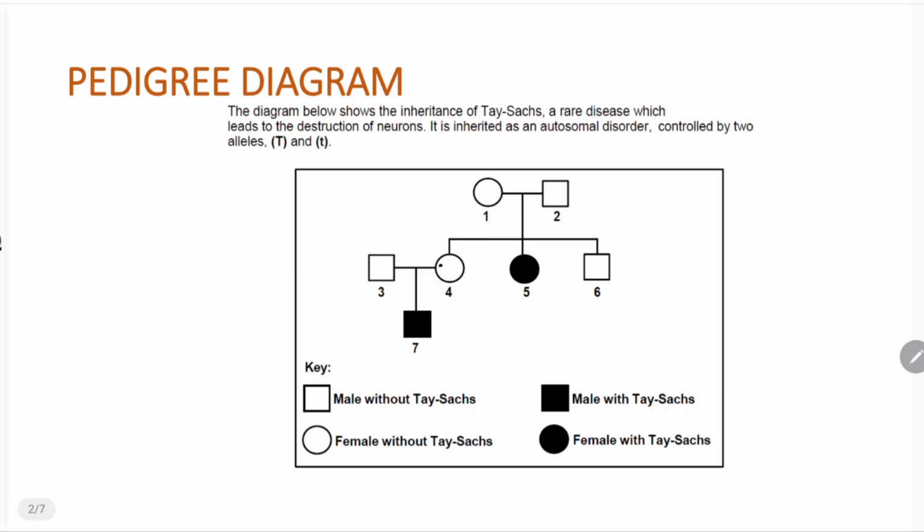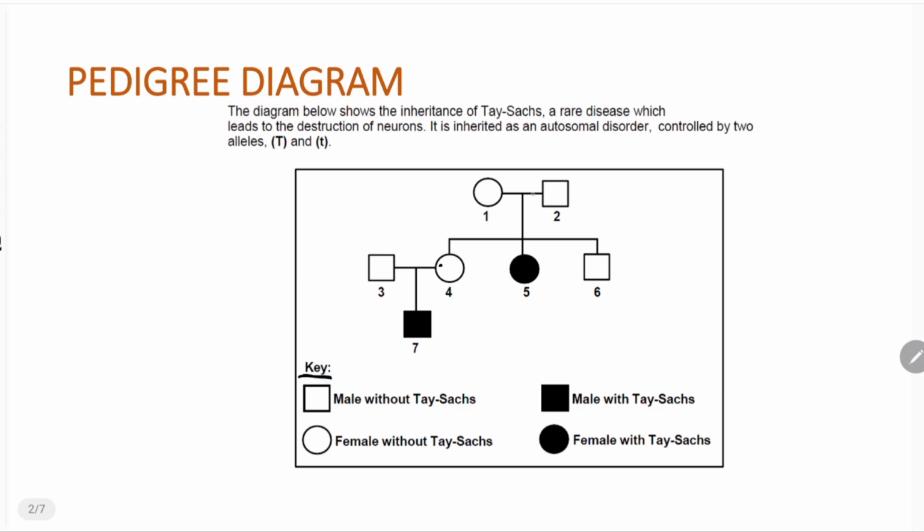Now, the most important thing to do here is being able to identify the genotype and phenotype of each and every individual in this pedigree diagram. The easiest part to identify between the genotypes and the phenotypes will be the phenotypes, simply because we are already given the phenotypes. The phenotypes are given by the key that is provided.